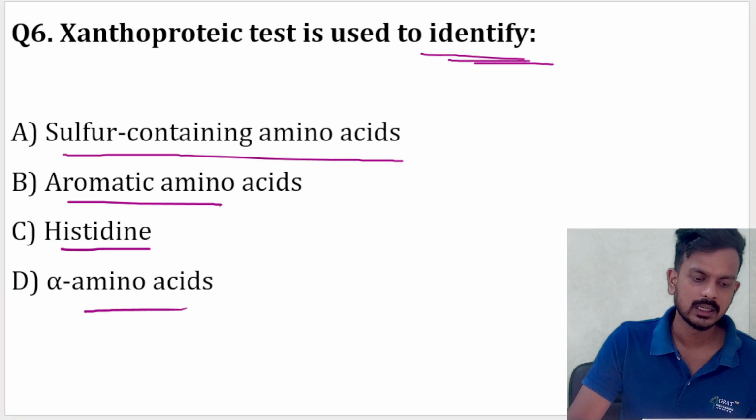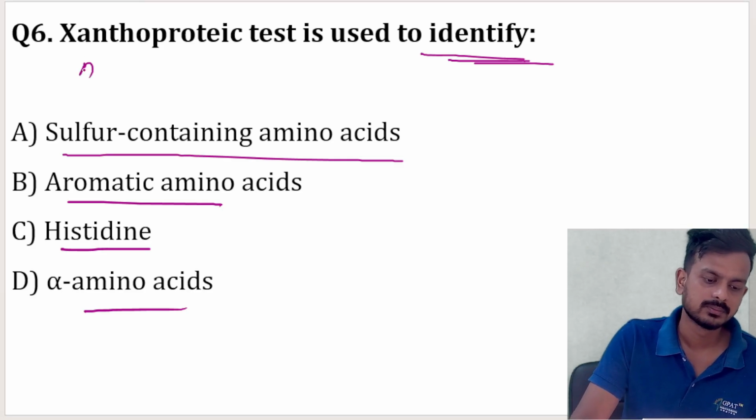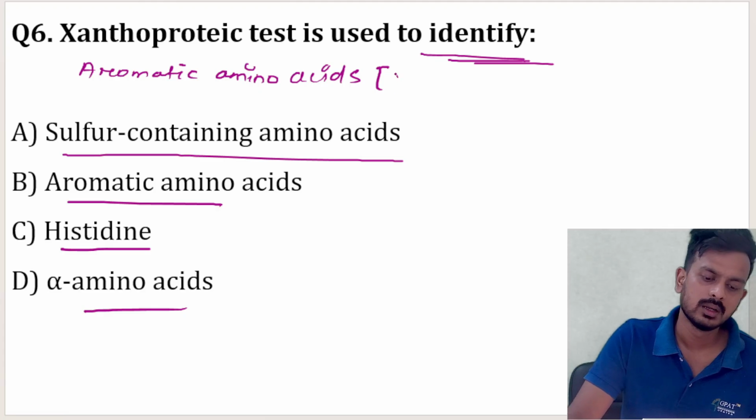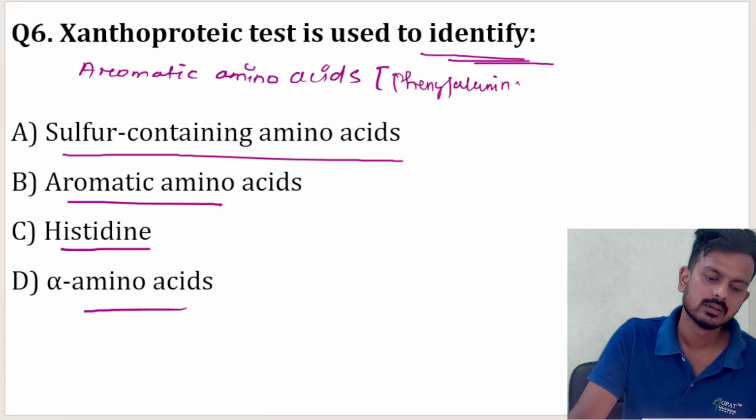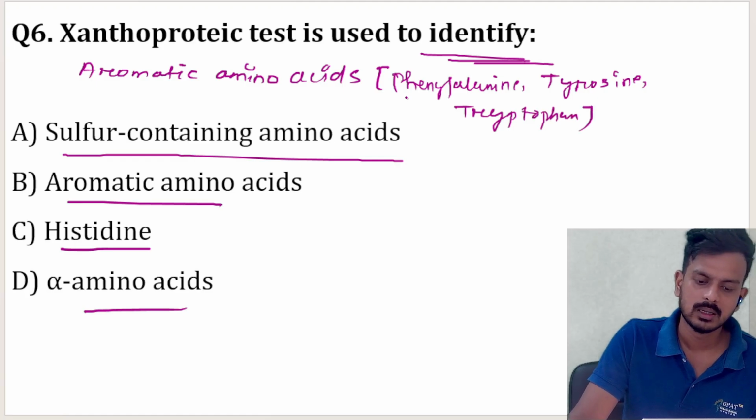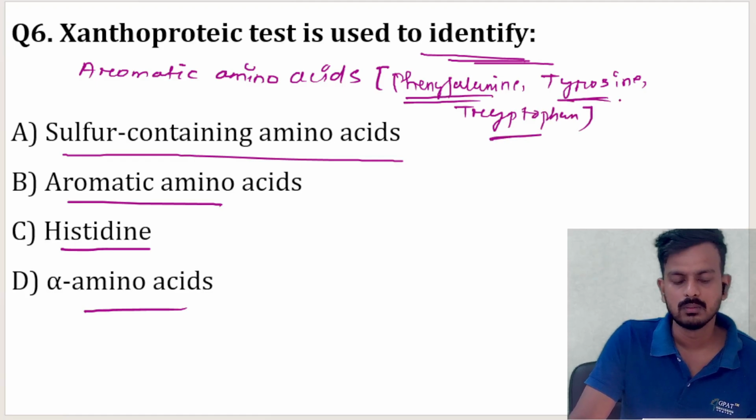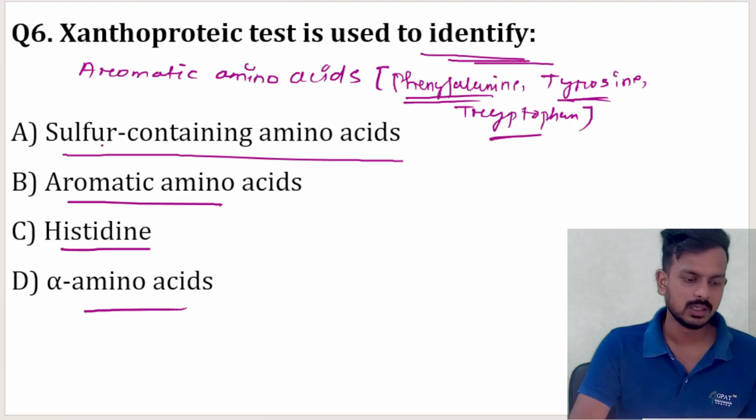It basically detects aromatic amino acids. What are the examples of aromatic amino acids? One is phenylalanine, second is tyrosine, third is tryptophan. There are three amino acids which are detected. So option B is the correct answer here.